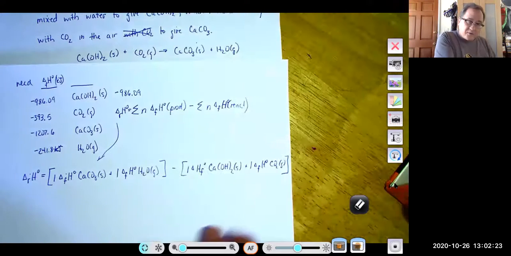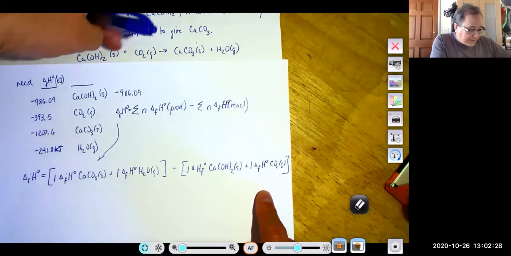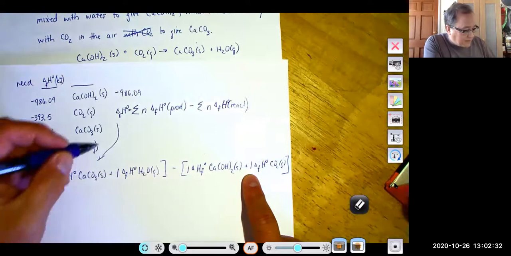So I'm writing this out with great deliberation to show you exactly how this gets put in here. Now, where do these ones come from? They come from the balanced reaction.